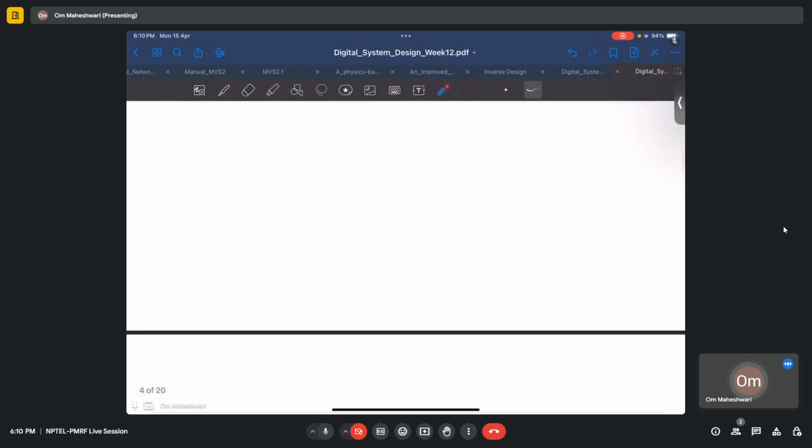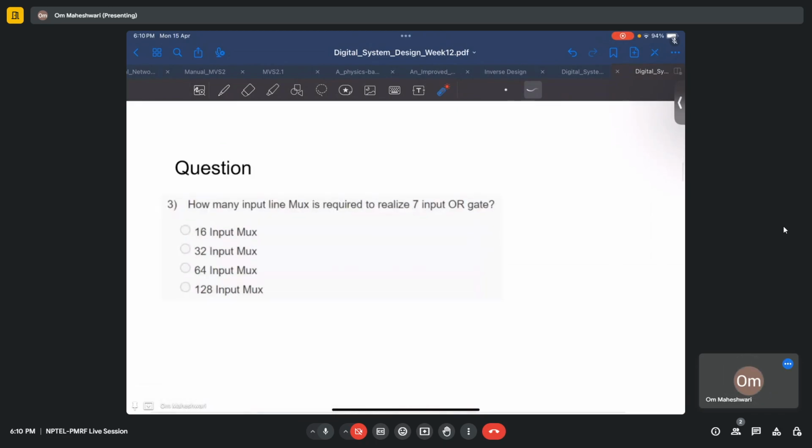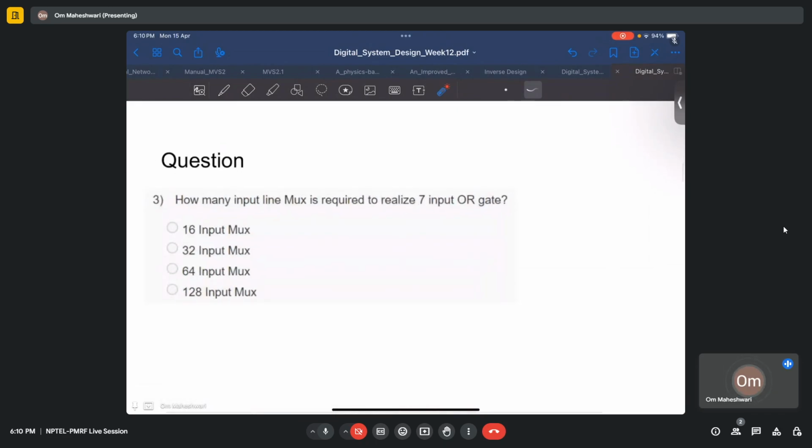Okay, so the next question. How many input line mux is required to realize 7 input OR gate? So we have to implement a 7 input OR gate using a mux.